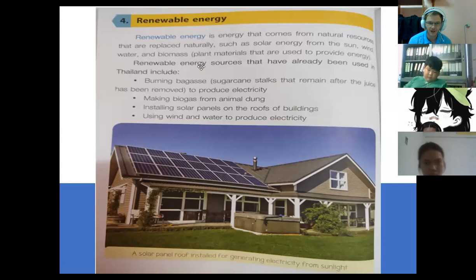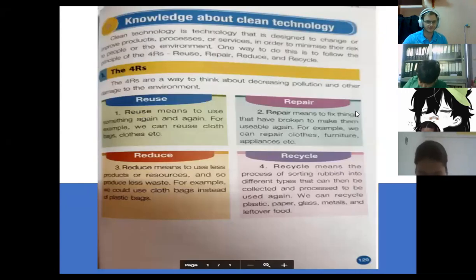They are making biogas from animal dung, installing solar panels on the roofs of buildings, and using wind and water to produce electricity. So there are a few different sources of renewable energy we are already using in Thailand. That's always a positive thing to see.